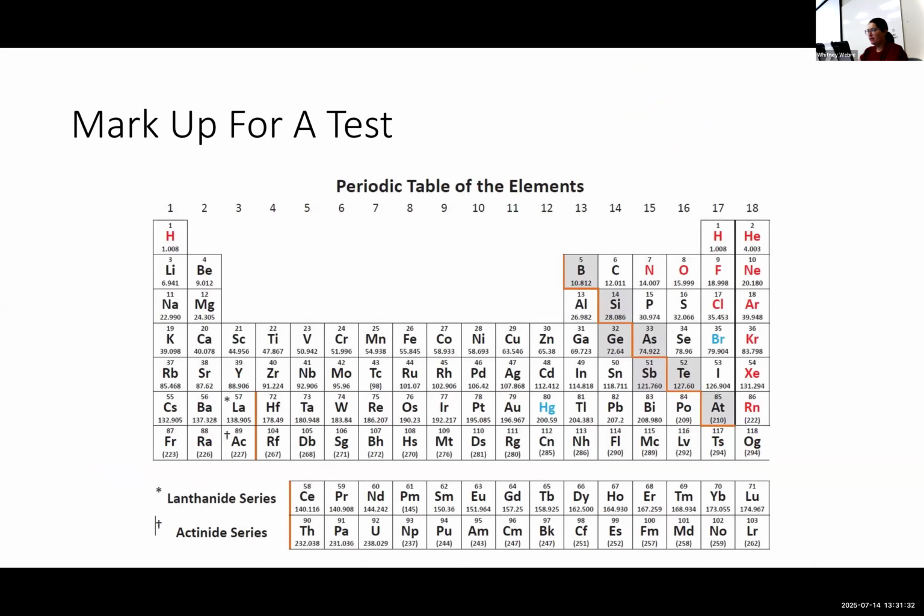My advice is for your exam, I'm going to give you a periodic table of elements that looks just like this. I'm not going to give it to you marked up, but what you can do to make your lives a little bit easier is to help yourself by marking it up. What Dr. Patterson and myself would recommend is writing out those column numbers on both sides.